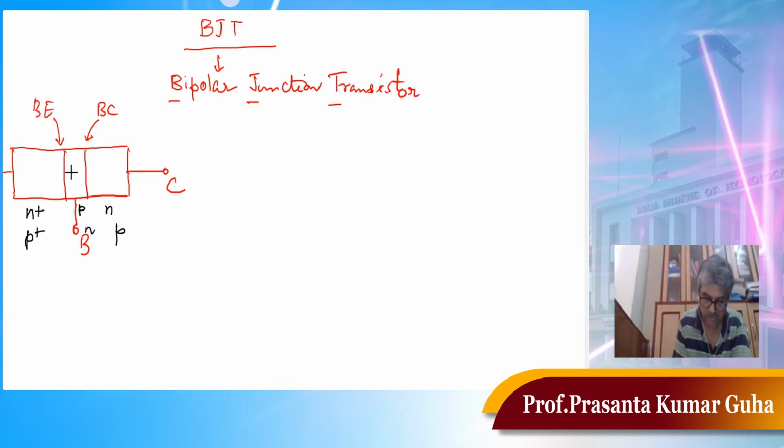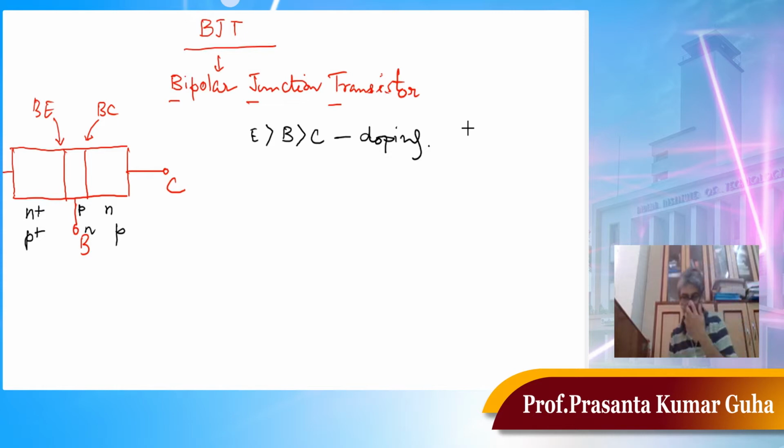Okay, so these 3 regions I'm talking about. So you see that the doping of emitter is the highest, then that of base, and then that of collector. This is as far as doping is concerned. Okay, what about the area wise?